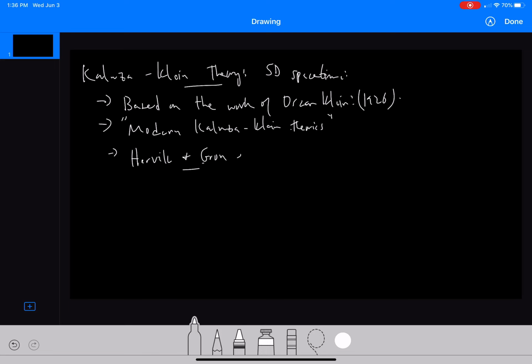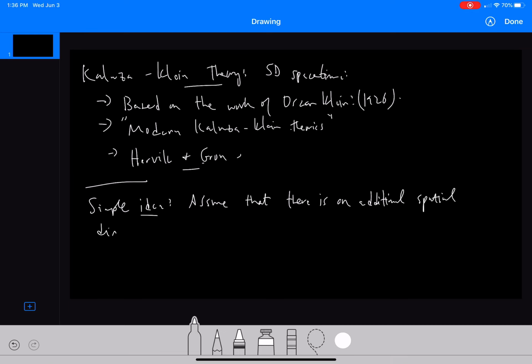So the idea is a very simple idea, and that idea is basically that we assume that there is an additional spatial dimension that is compact.